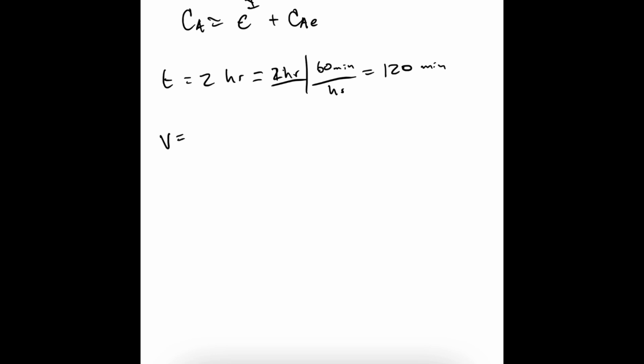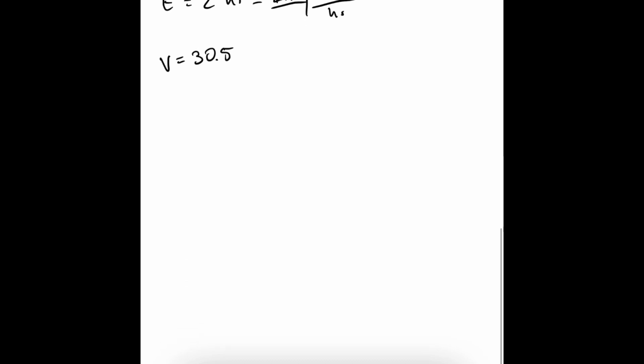Volume equals 30.5. There's no B at the beginning, so we just need to run the calculation. We know that we start with a certain concentration of CaE, and then over time it goes to a certain Ca concentration.